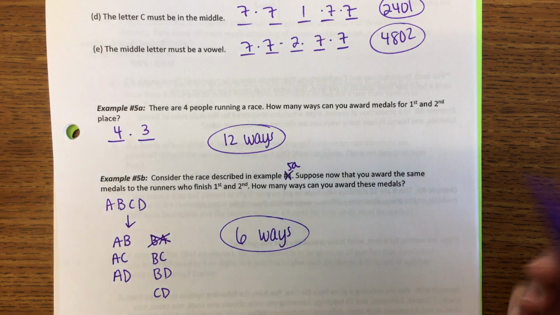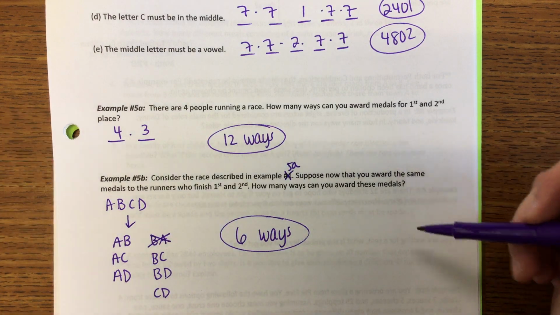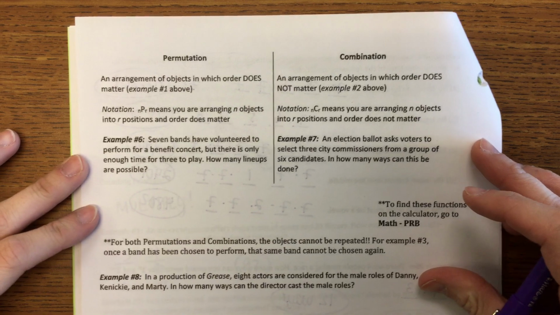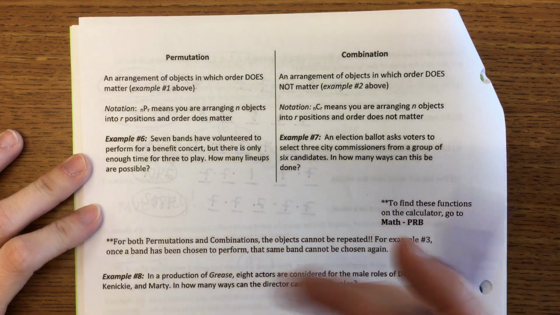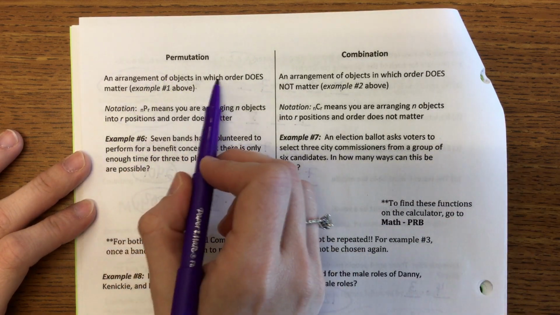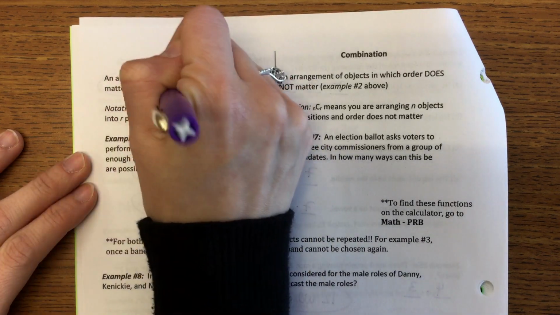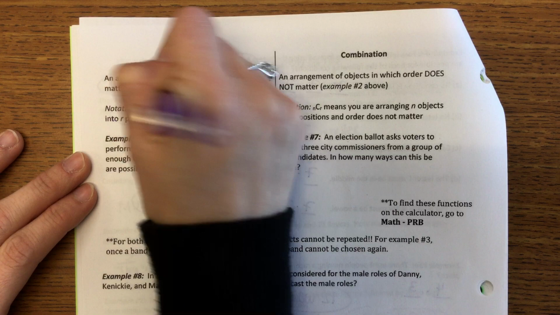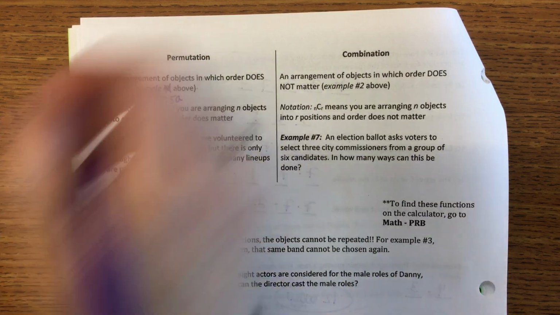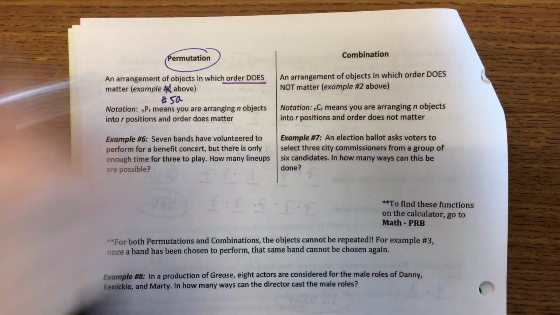Okay. These two, 5A and 5B, were examples of the next thing that we're going to learn, which is called permutations and combinations. So a permutation is an arrangement of objects in which an order does matter. By example 1, I mean 5A. So permutation, order matters.